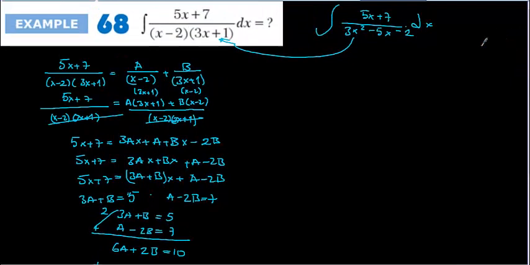Okay, if we return to the top again, a is equal to 17 over 7, and b is equal to minus 32 over 14 we found.